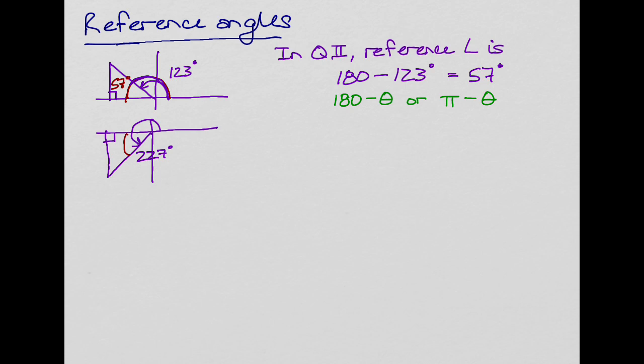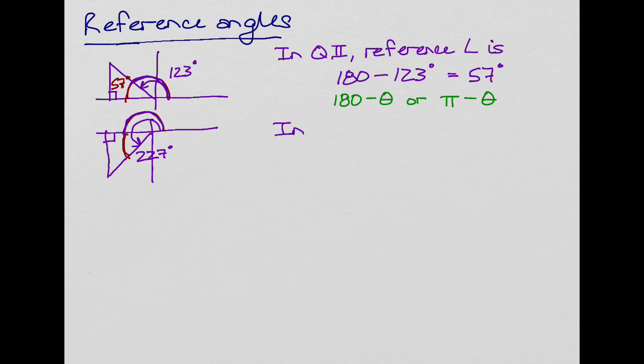Well, I can't find that by subtracting 180 degrees minus theta. If I do that, that's going to be a negative number because theta is already bigger than 180. But I could do the other way around. If I say my entire angle is 227, and I subtract off quadrants 1 and 2, we'll just get rid of those that aren't part of the triangle. That'll leave me with the part that is inside the triangle.